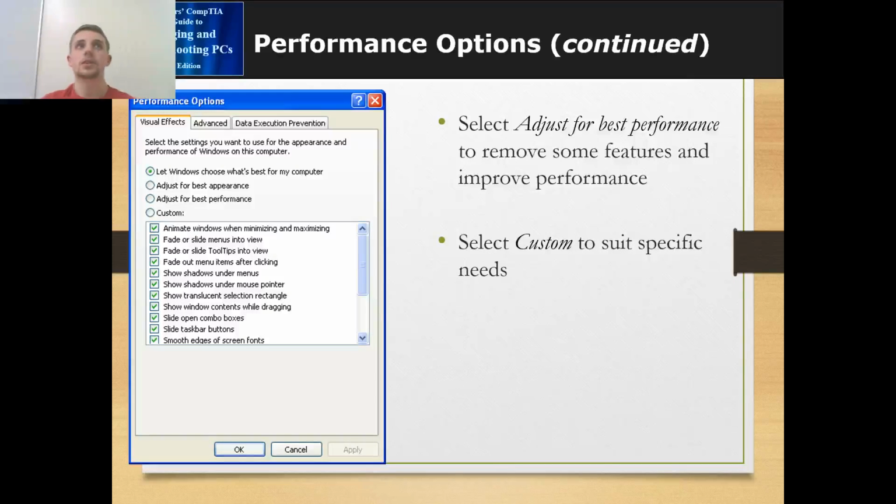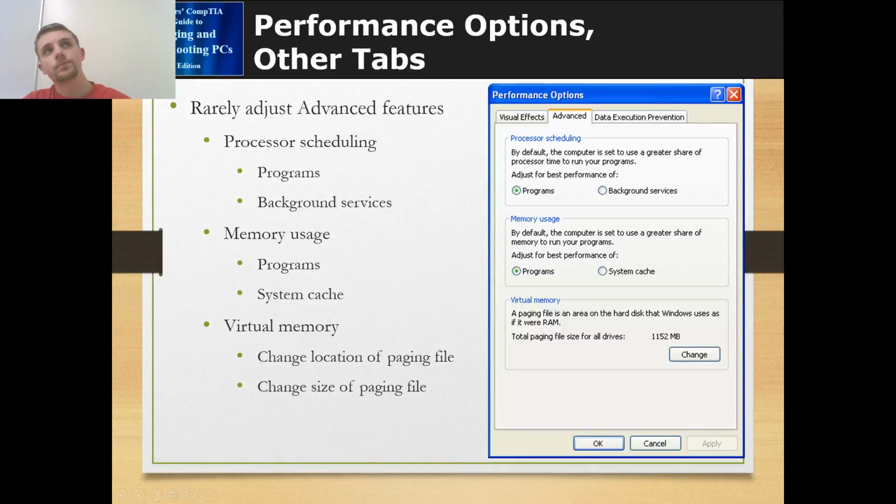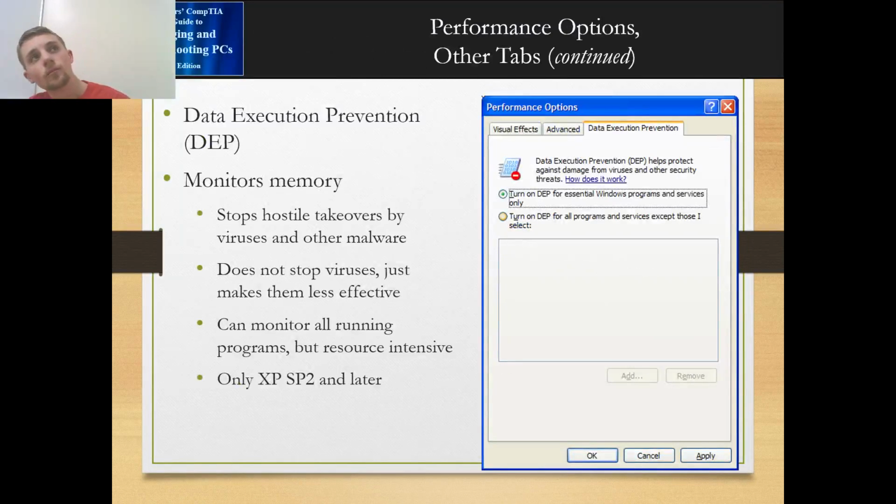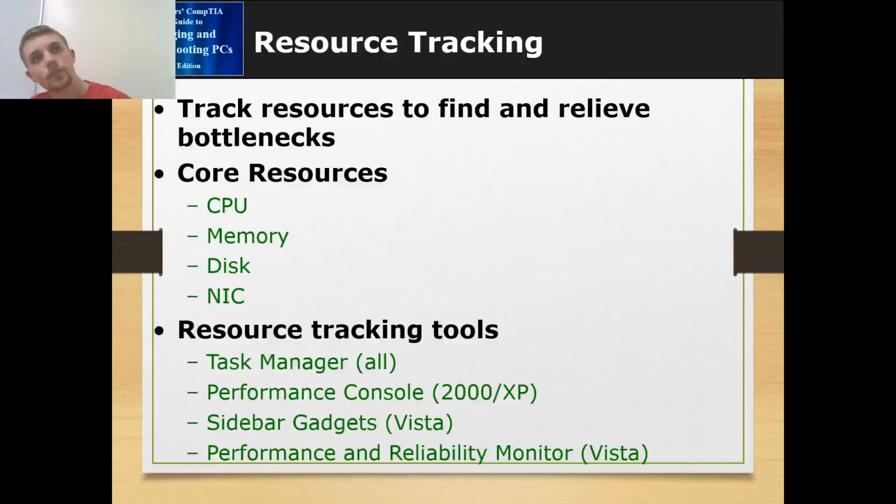Generally just letting it choose is good enough. But if you have something that's really limited, you might need to select one of the other ones. This is pretty rare, so I'm just going to skip it because it's rare and go past that.